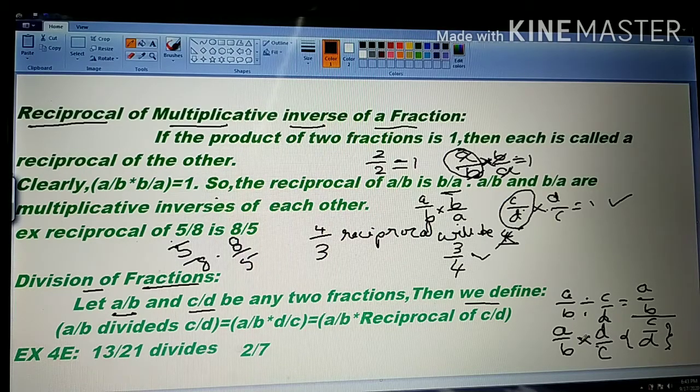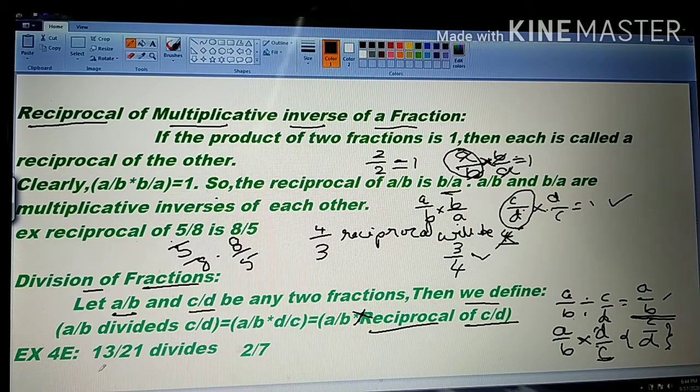So now this division will be cancelled. Understood this one? So we are writing a by b into the reciprocal of c by d, that is d by c, with the multiplication symbol.